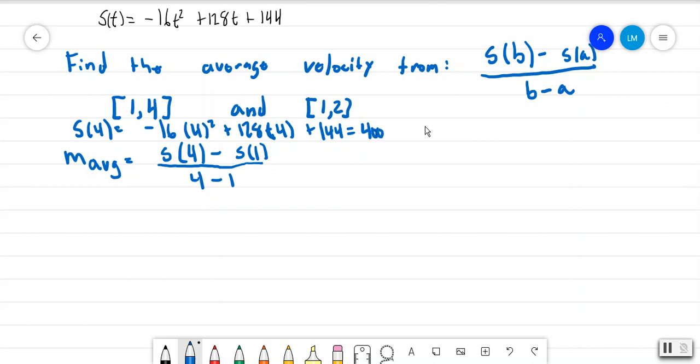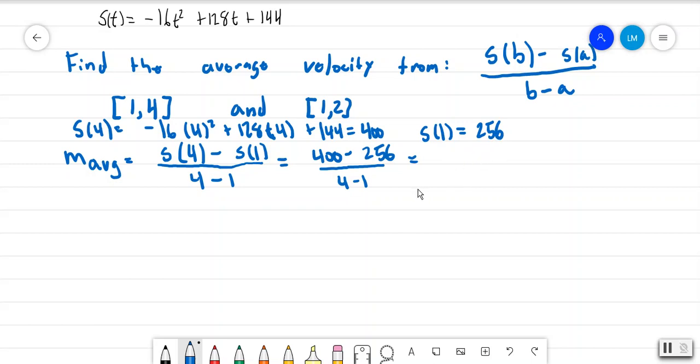And then similarly, if you plug in 1 into your equation, you're going to get 256. Okay, so we have that this is going to be 400 minus 256 divided by 4 minus 1. But when you do this computation, this is going to give you 80.